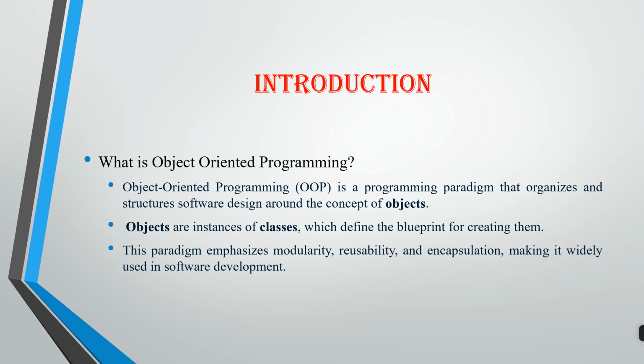So here, if you take any object-oriented programming language, the two terms which come to our mind, which are very important, are objects and classes. So basically, object-oriented programming is a paradigm which is in and around the objects. So, what are objects? Objects are the instances of the classes.